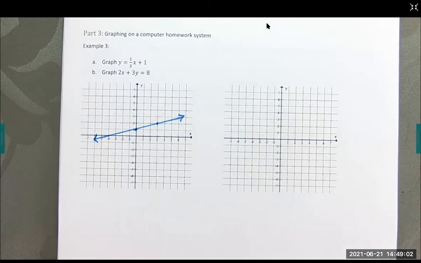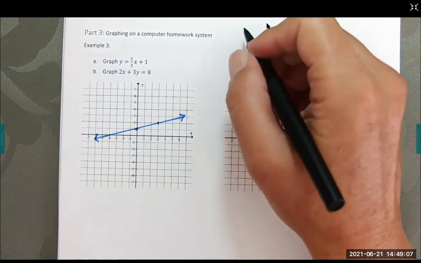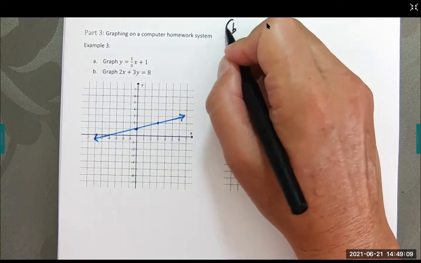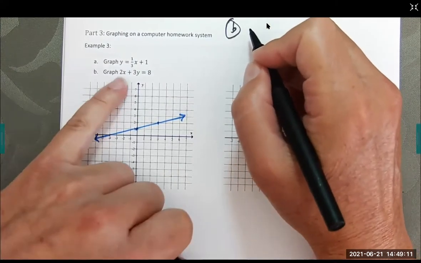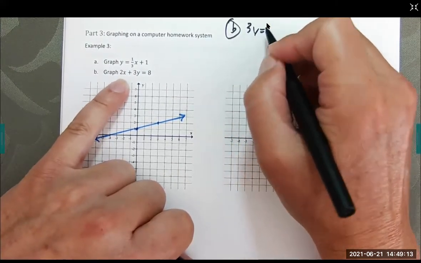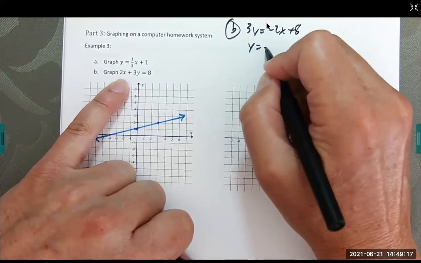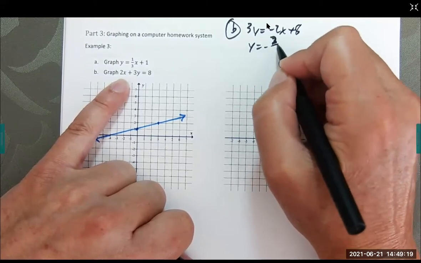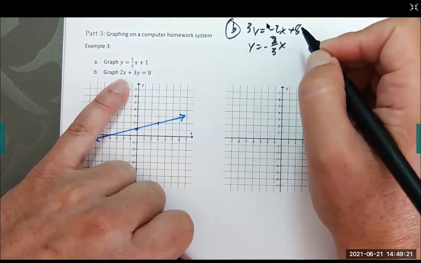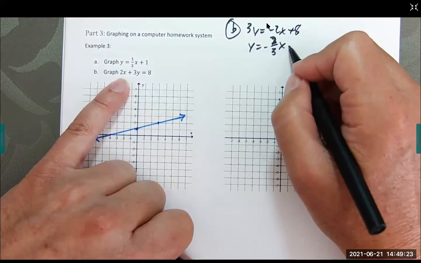All right, for part B, I'm going to write this out a little bit. I'm going to put it into slope intercept form. I'll go here for B. I'm going to subtract the 2x here. Divide by 3. 2/3 plus 8/3.